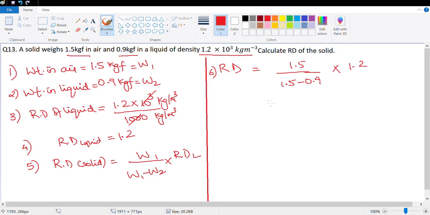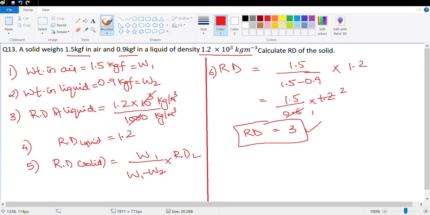So this is 1.5 upon, that's 0.6 into 1.2, that's times 1, that's times 2. So relative density is equal to 3. Simple question, as long as we could remember the formula and we remember to convert this into relative density. Good. Let's look at the next question.